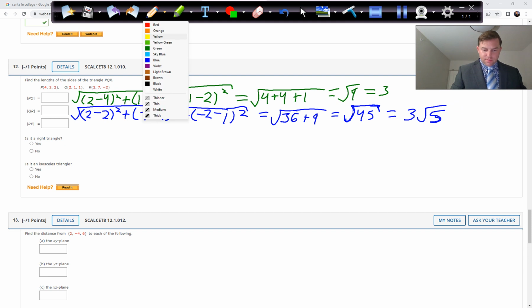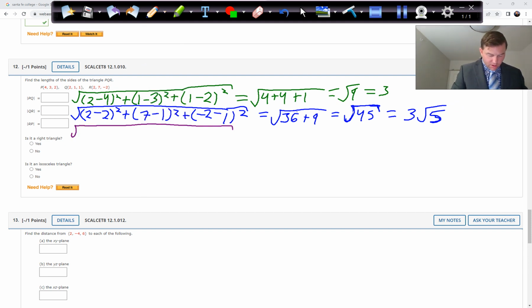Okay, last one. We have P and R, excuse me. P, the x value is 4, R, 2. The y value of P is 3, minus the y value of R, which is 7. The z value of P is 2, minus the z value of R, which is minus 2.